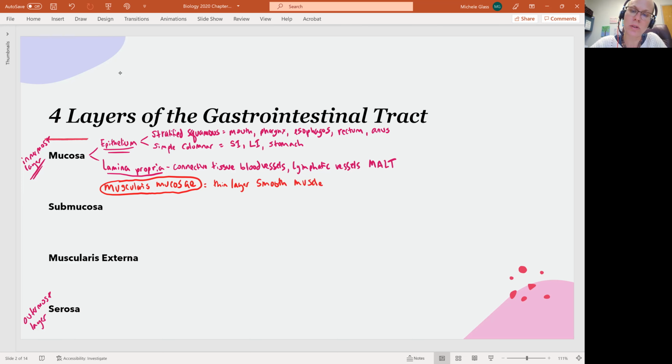And that's going to help to create folds, which we'll see will increase surface area. I'm going to go ahead and highlight my 3 layers so that they will stand out even as we fill up our notes with some writing.